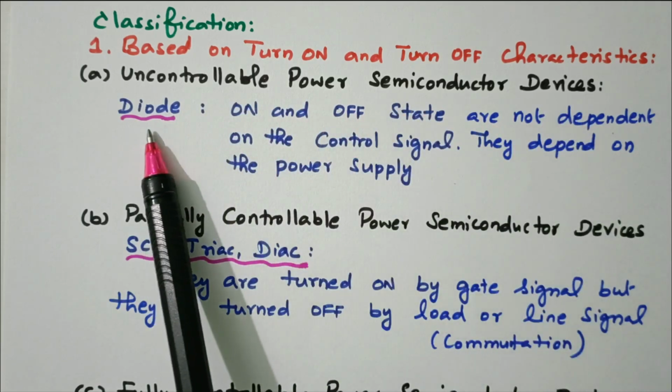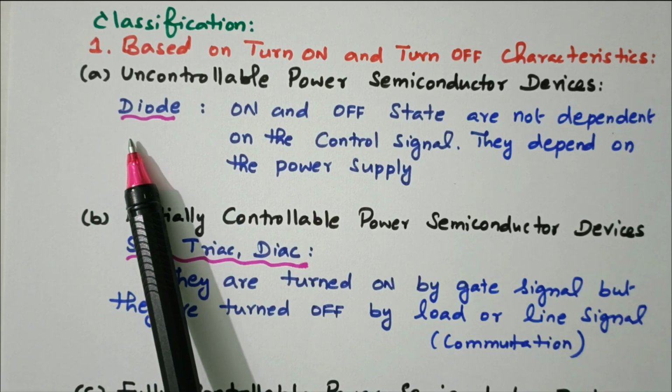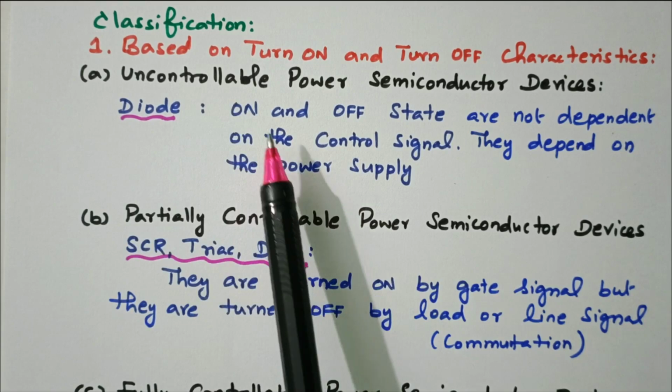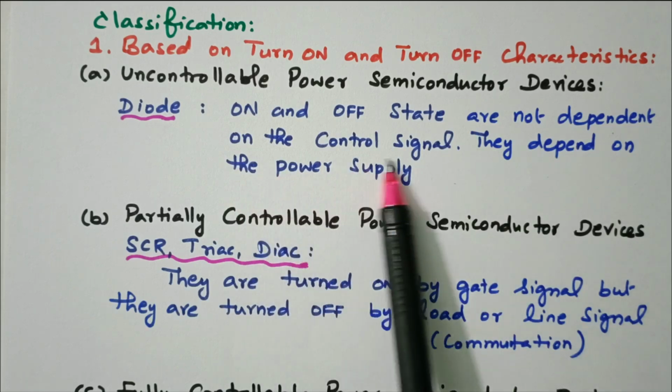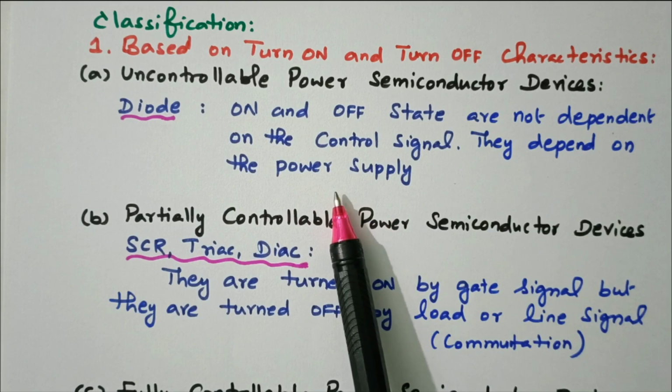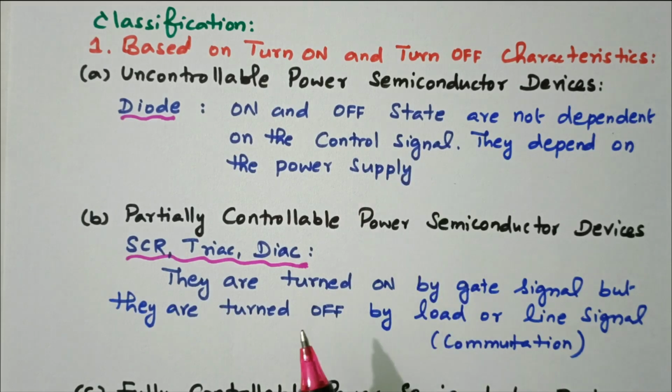The example is the diode. Once it is turned on, it will conduct. Unlike a thyristor, we cannot control it. On and off states do not depend on a control signal. They depend on the power supply. When the power supply is given, it will turn on, not based on the gate terminal.